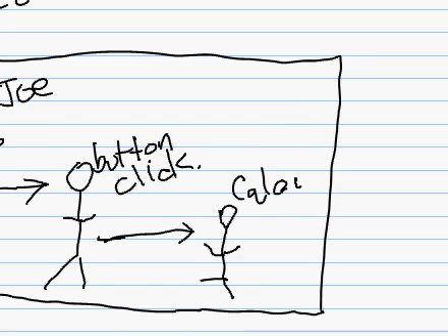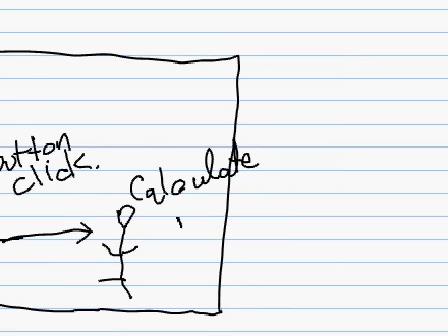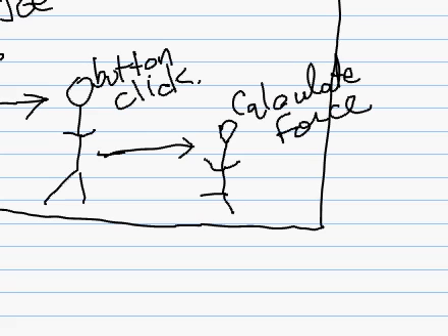And so he does that calculate force code, and when he calculates the force, he returns the flow of control to the button click and returns any values that he was told to return. In our case it was the double, and the code continues on.